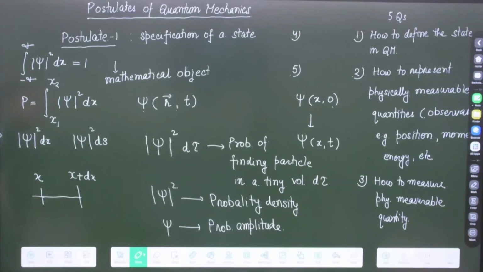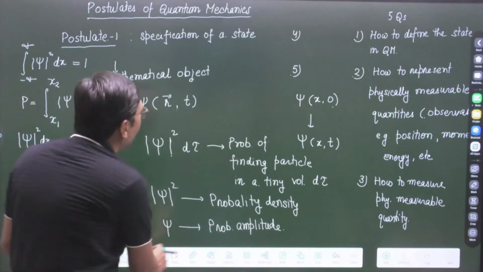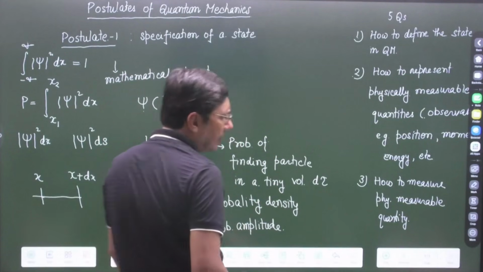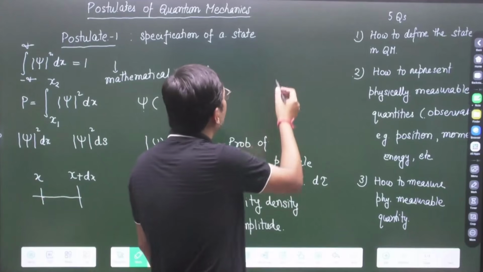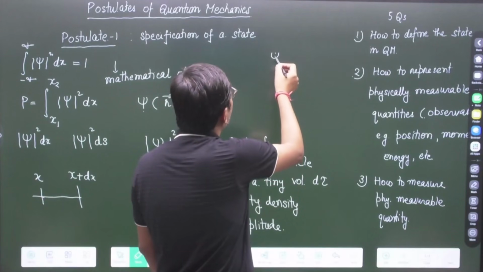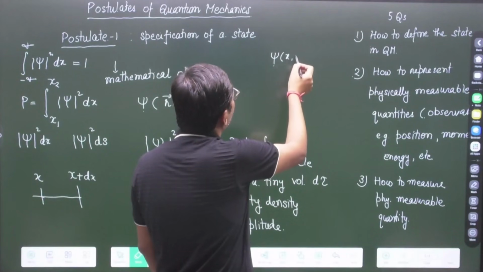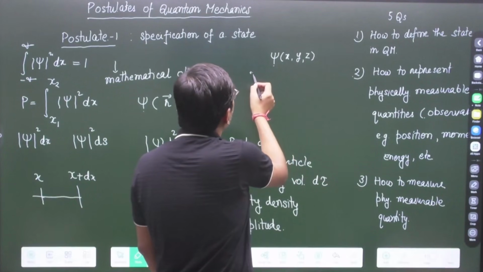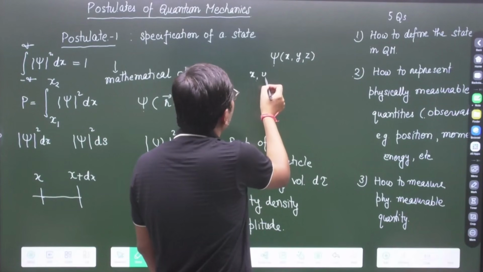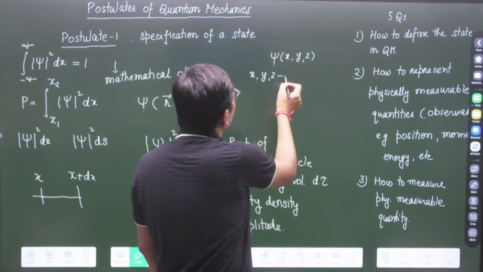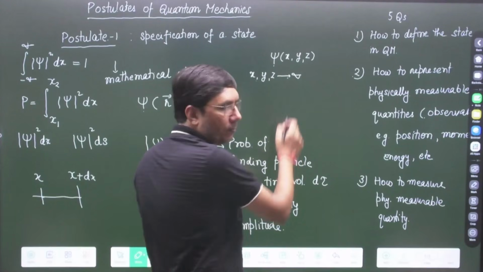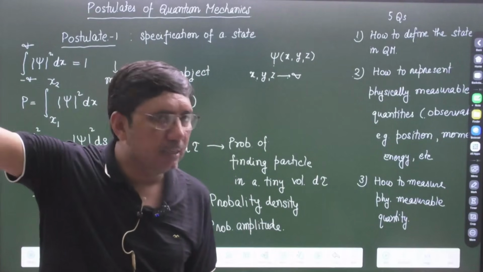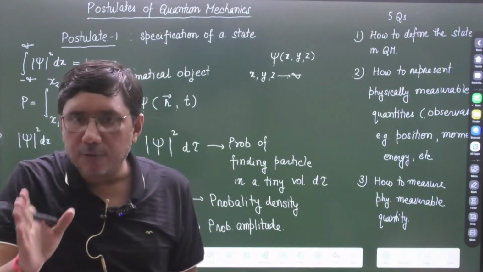So how do you define square integrability? In 2 ways you can define it. ठीक है? First is psi. It may be x, y, z. And if you are moving this x, y, and z towards infinity, ठीक है ना, you are placing the limit that x is moving towards infinity, y is moving towards infinity, then your wave function should die out.